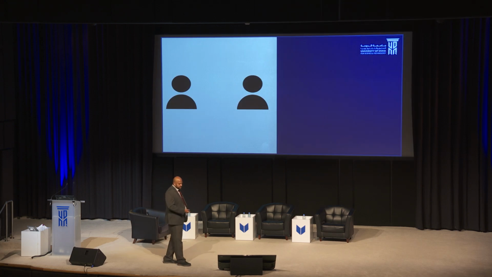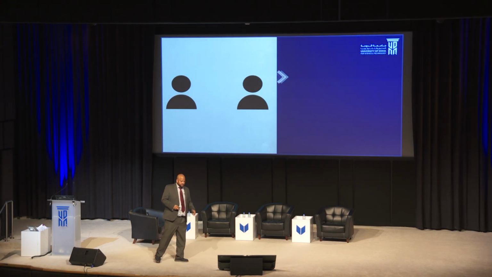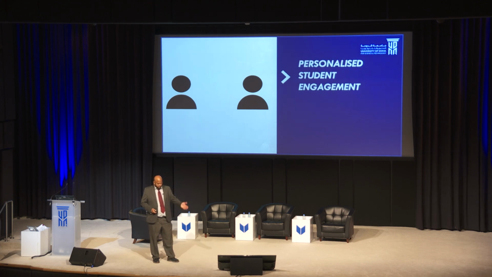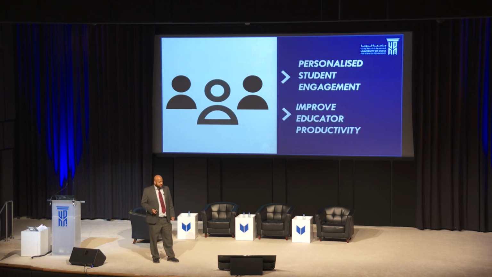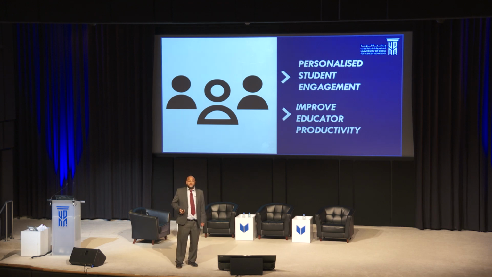Okay. So in conclusion, in terms of students, we have personalized student engagement. In terms of teachers, we have quite a bit of productivity and more meaningful productivity as well. So I don't have to chase 40 students advising and figure out their attendance and so on and so forth.